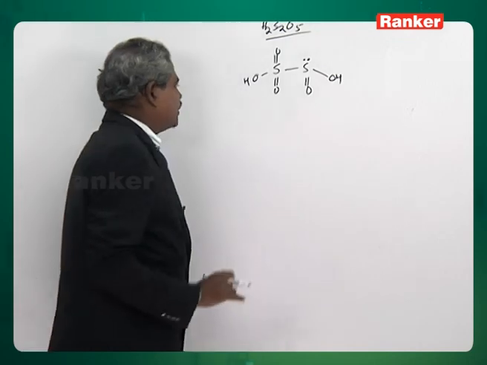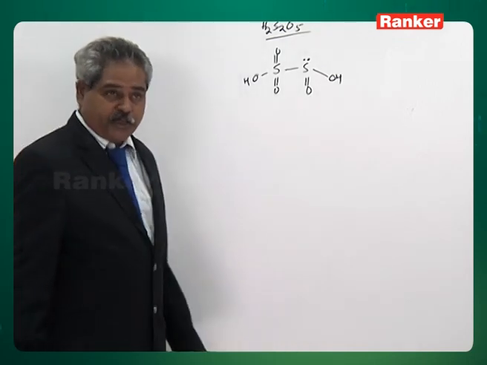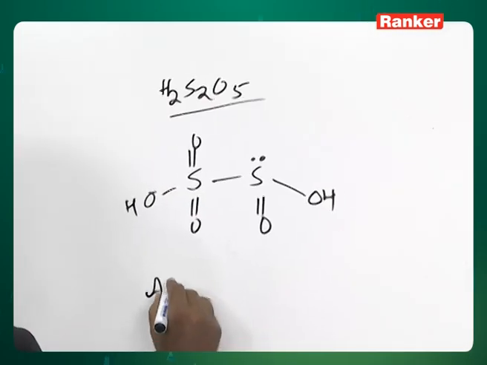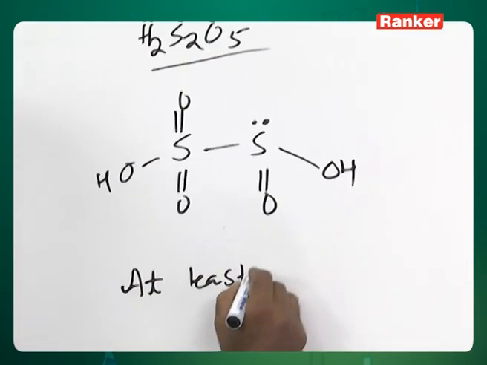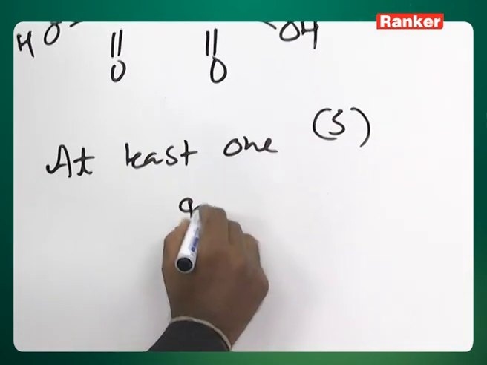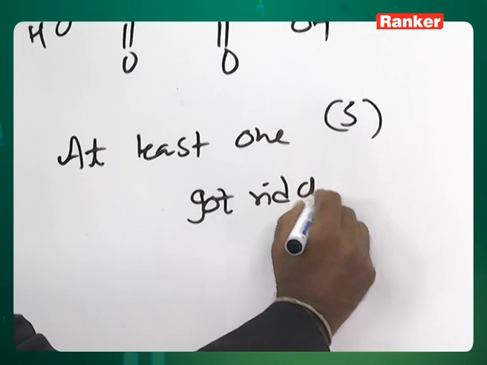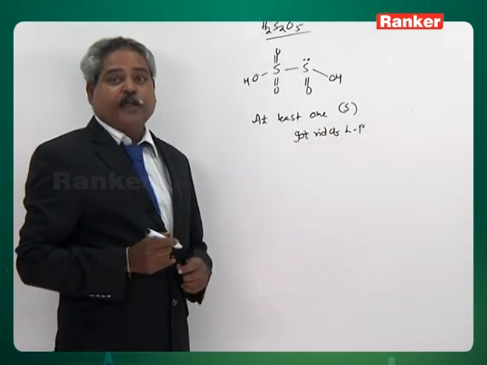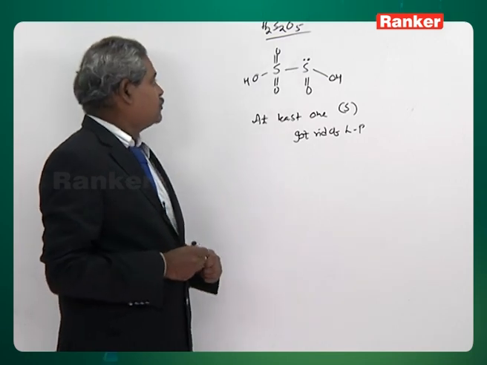So, what is the consolation? The consolation is at least one sulfur got rid of lone pair. What is that our instruction say? Try to avoid lone pairs as far as possible.